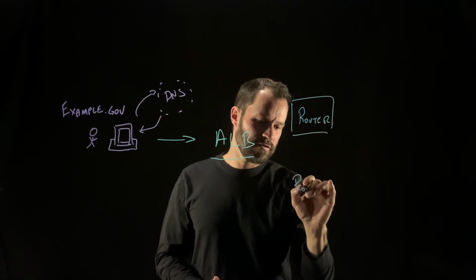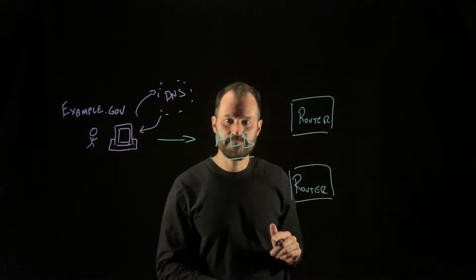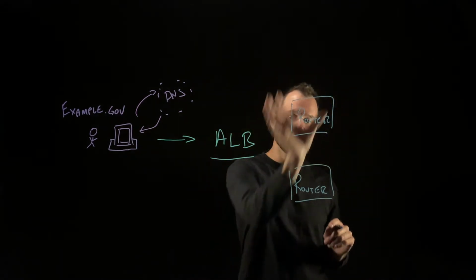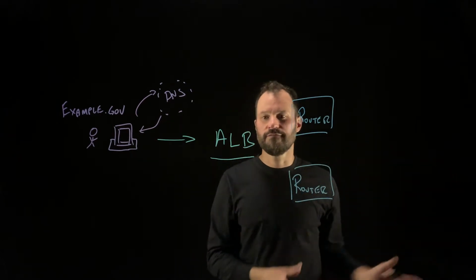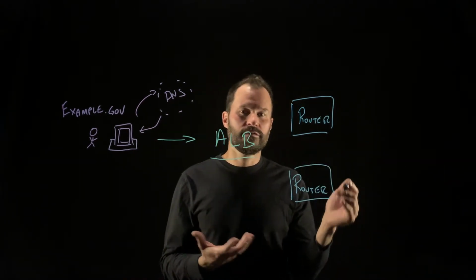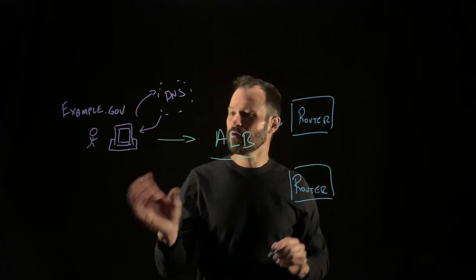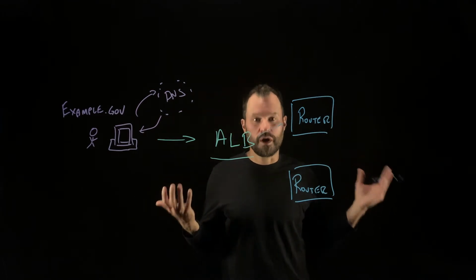I'll just draw two routers for now, but we run multiple instances of these routers, and this load balancer is sitting in front of all of the different routers that we are running as part of our Cloud Foundry infrastructure. So the ALB is going to route that request to one of the routers. It doesn't really matter which one.